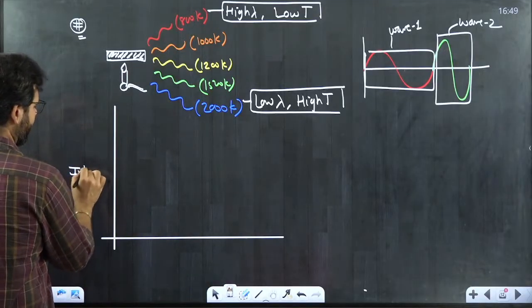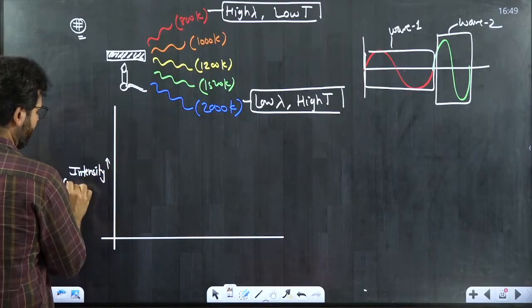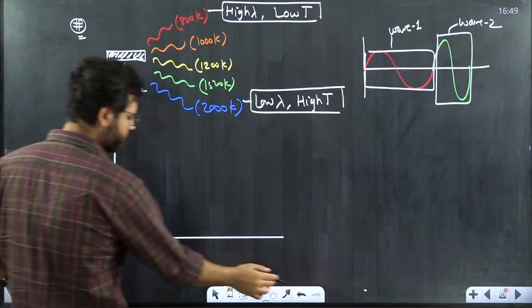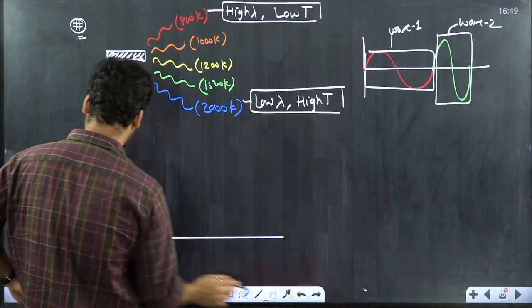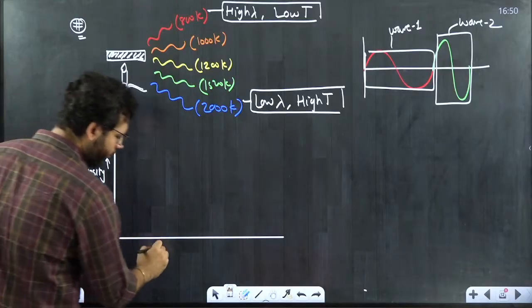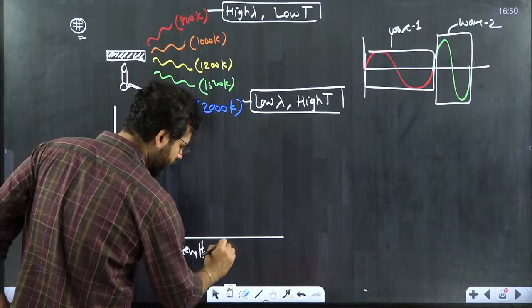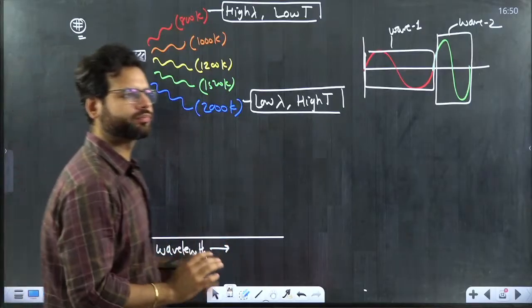Intensity means number of photons coming out per unit area per unit time, and wavelength.